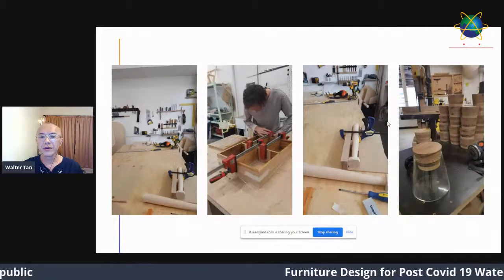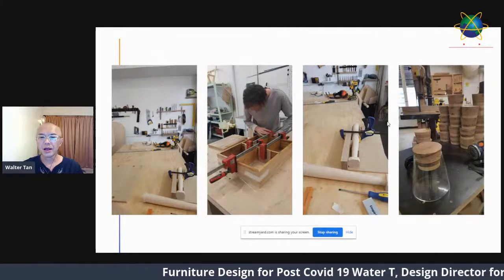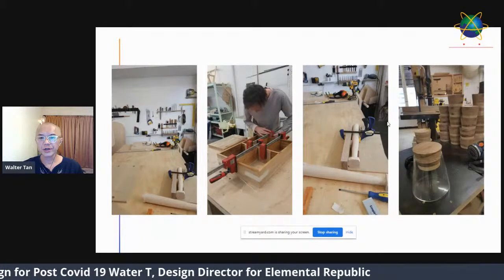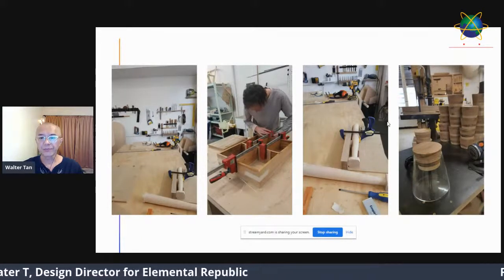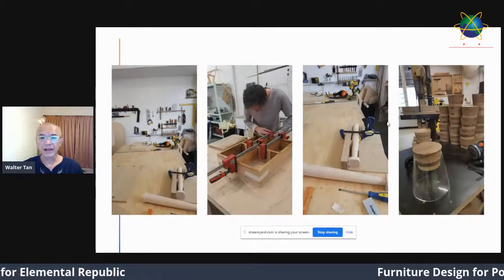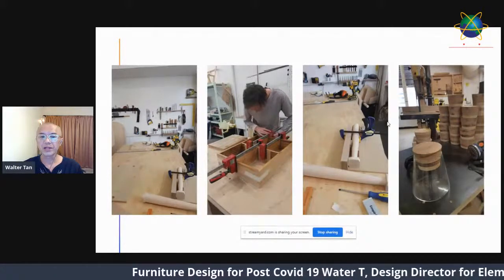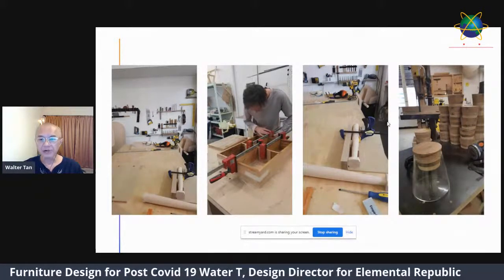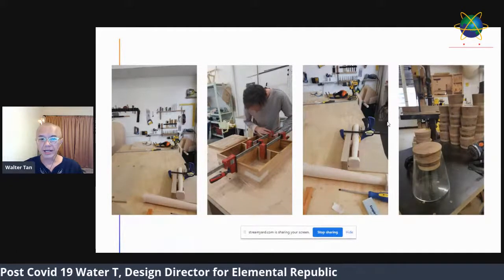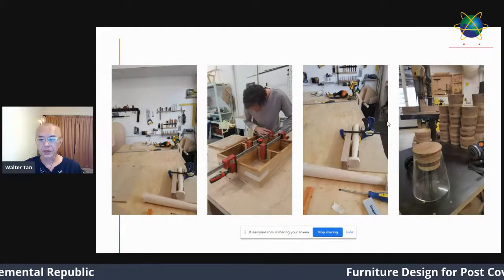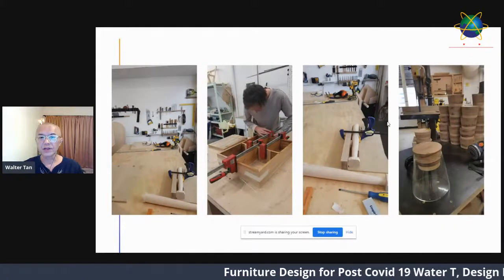Because in Malaysia, I have students who design furniture, but a lot of them can't get a maker to make for them. So this is the situation in Malaysia now. Not many factories want to make a new design from a student, because it involves a lot of time.